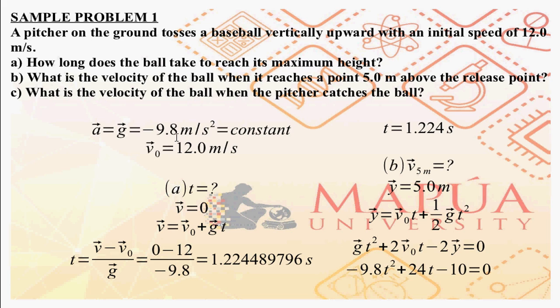We know g, we know v naught, and we know y. Plugging in those values, we get the following equation: negative 9.8t squared plus 24t minus 10 is equal to 0. We have a quadratic equation.